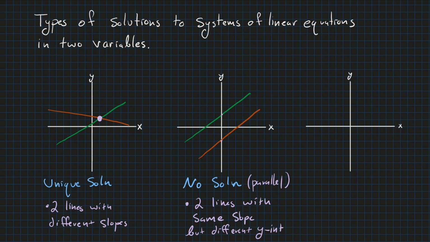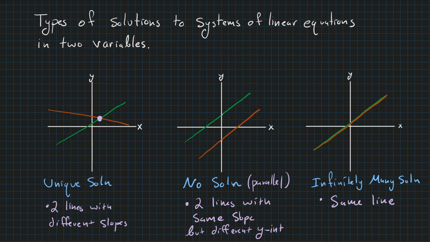And then the last one is infinitely many solutions. How do you get this one? Well, if I give you a line like this and another line right on top of it, these are the same line. Often in this case, they'll be written slightly differently.